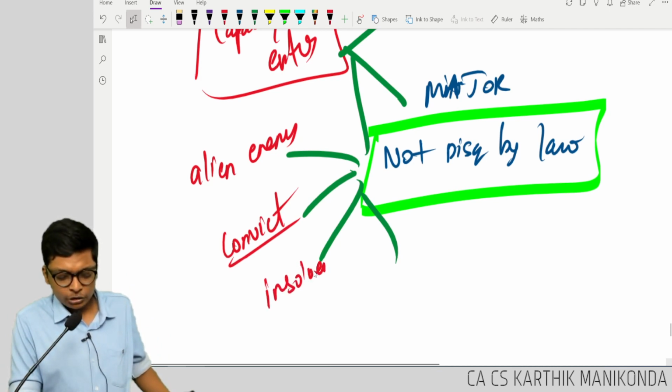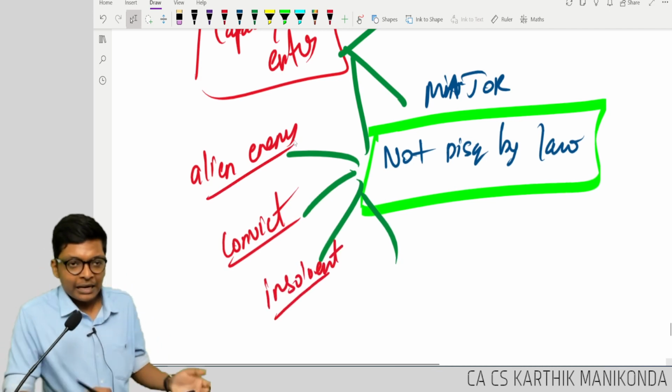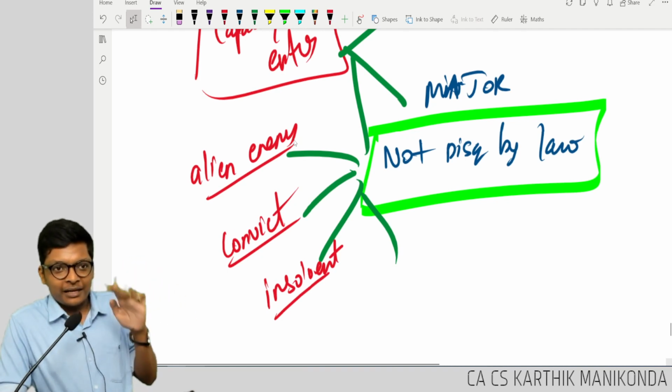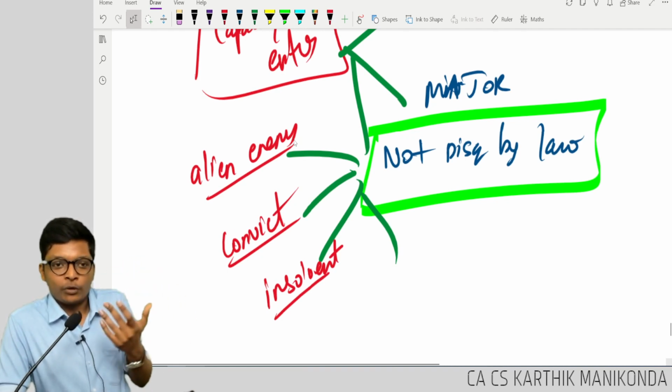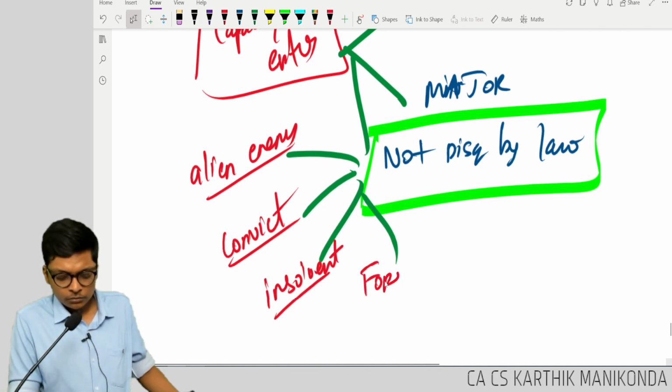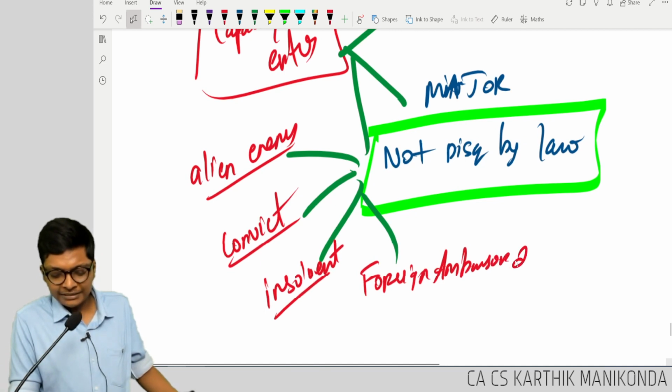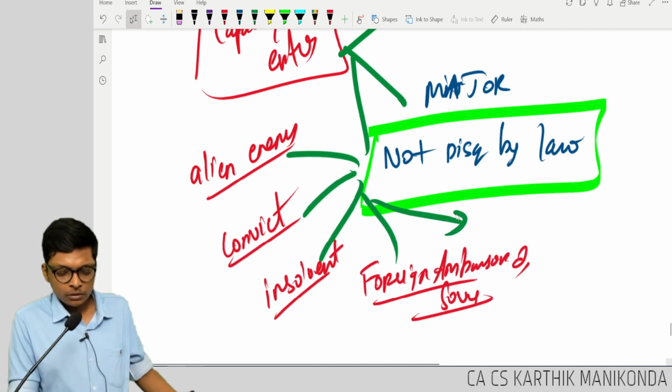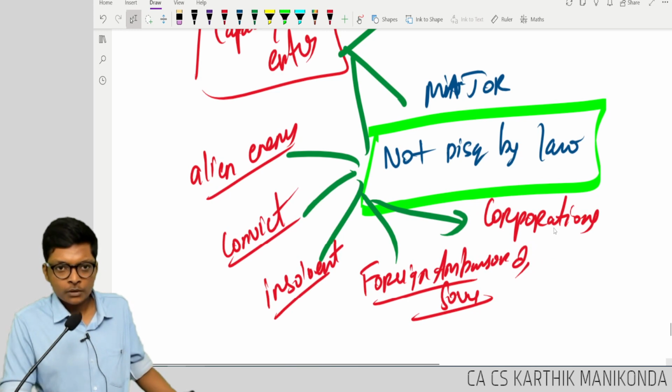A person who is insolvent, you can't enter into a contract. On already entered contracts, he has no money, so you can't enter into a new contract with him. Next. Foreign ambassadors and sovereigns. Next. Any corporations, then that's it.